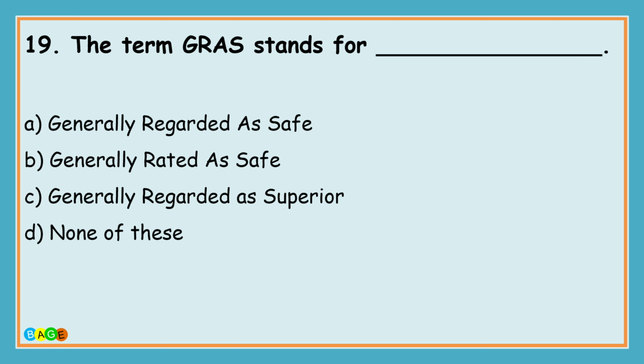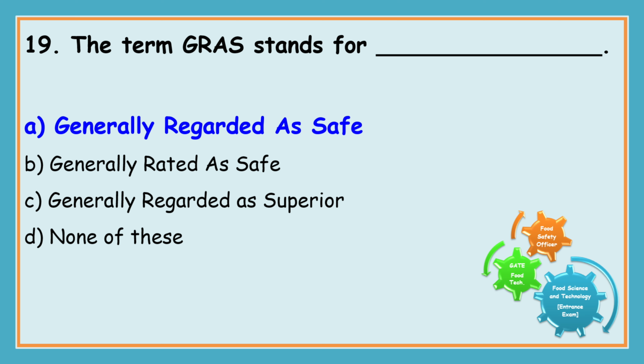Question number 19: The term GRAS stands for ___. The options are A generally regarded as safe, option B generally rated as safe, option C generally regarded as superior, and option D none of these. The correct answer is generally regarded as safe.